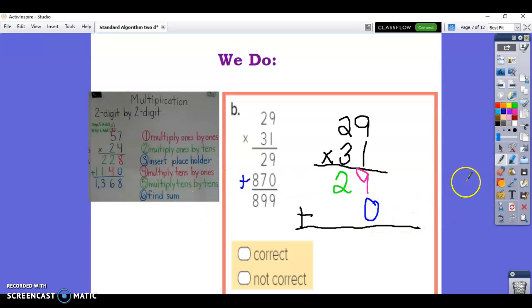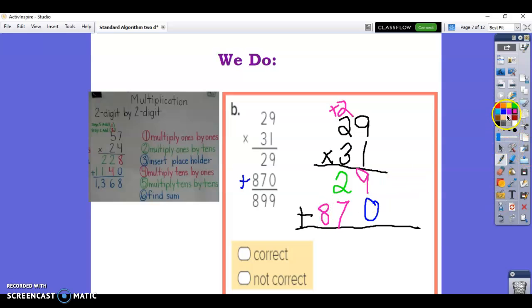Now multiply tens by ones, which is 3 times 9, which is 27. So your 7 goes here, and you have a regroup carry plus 2. Now you have 3 times 2, which is multiplying tens by tens, 3 times 2, which is 6, plus 2, which is an 8.